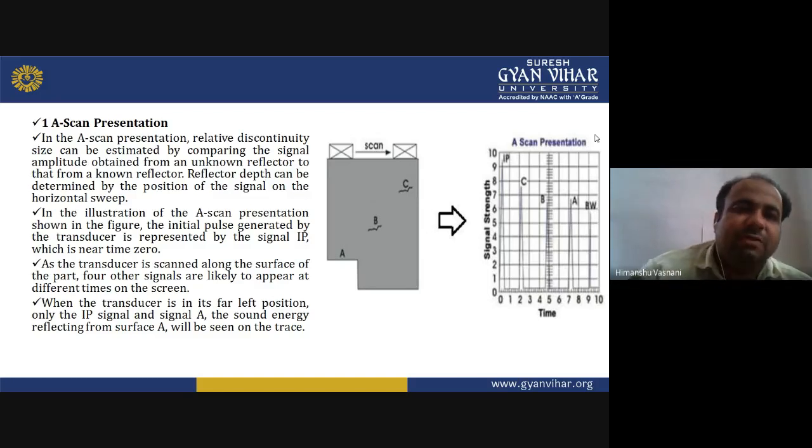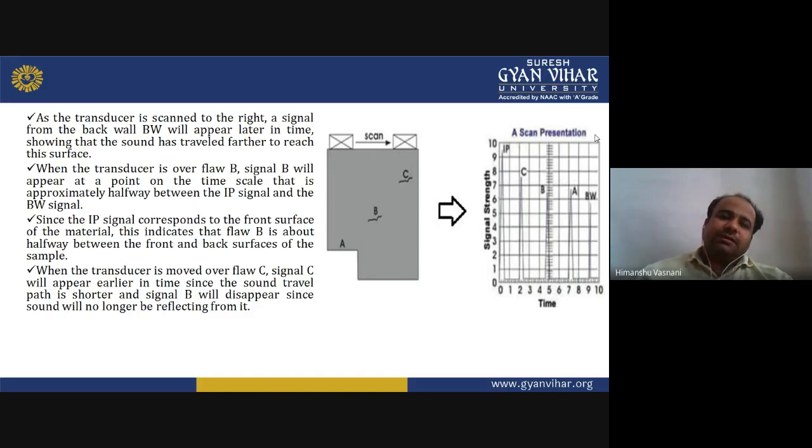Now as the transducer is scanned towards the right, a signal from the back wall BW will appear later in time, showing that the sound has traveled farther to reach this surface. When the transducer is over flaw B, signal B will appear at a point on the time scale approximately halfway between the IP and the BW signal.